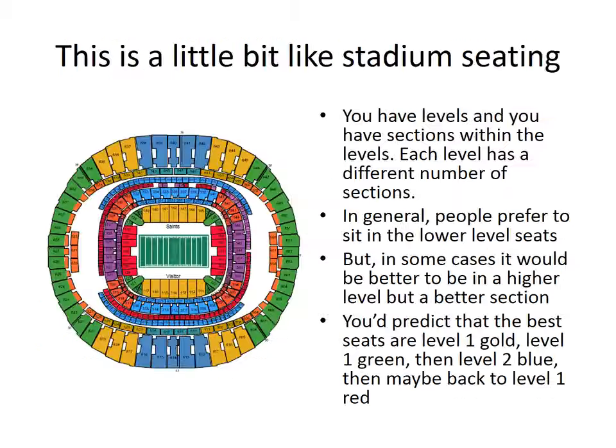Okay, so just to tell you again, we've been describing these orbitals. We can think of these orbitals as different seats within a stadium. I have different sections, different levels, all sorts of different places you can sit in a stadium. The levels are sort of how far they are from the nucleus.